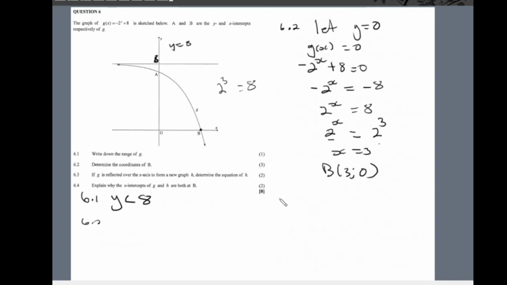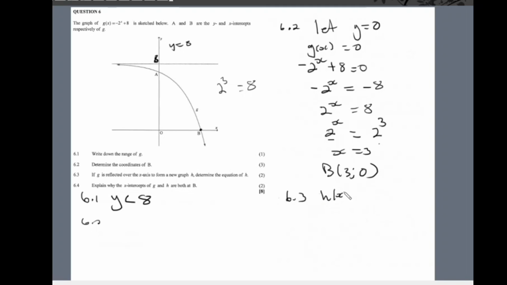Okay, and then 6.3. If G is reflected over the x-axis to form a new graph H, determine the equation of H. So reflecting a graph about the x-axis means we just multiply the y values by a negative. So the ones that are above the x-axis will go below, and the ones that are below will go above, right?